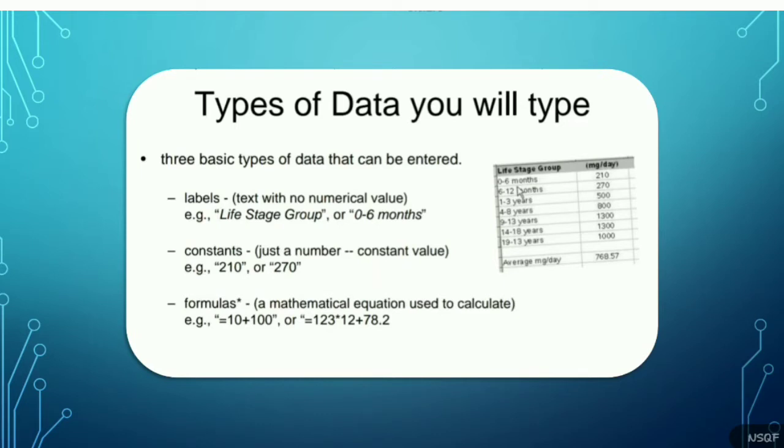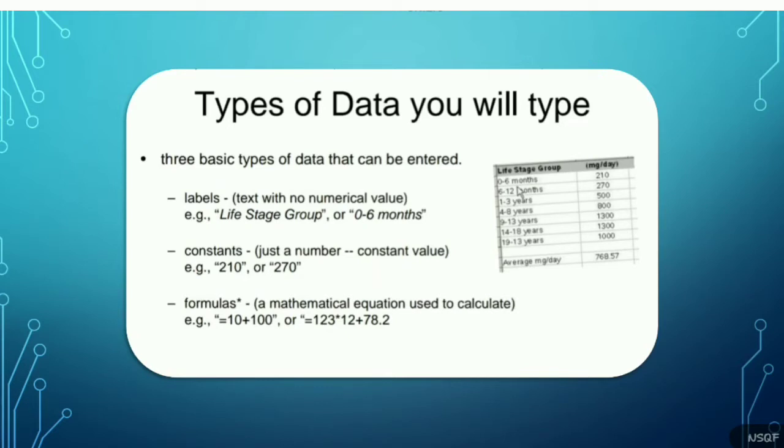Name, address, these all are text. And constants, I have told you before, constants are numbers. Whatever numbers you put inside the boxes, these all are the constants.